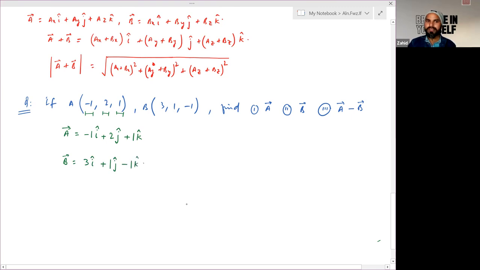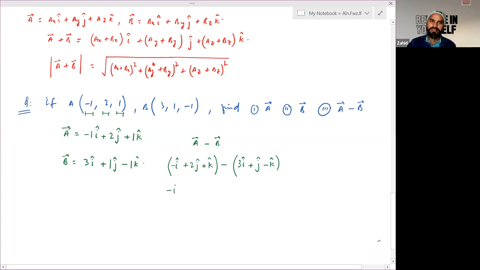So this will be vector B. Now to find A minus B, put the value of A, minus i cap plus 2j cap plus k cap, minus vector B, 3i cap plus j cap minus k cap.